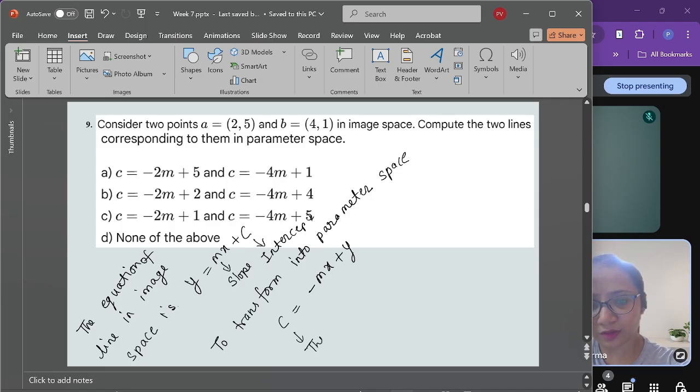This equation represents a line in parameter space.